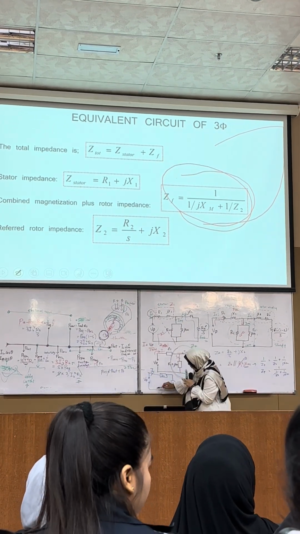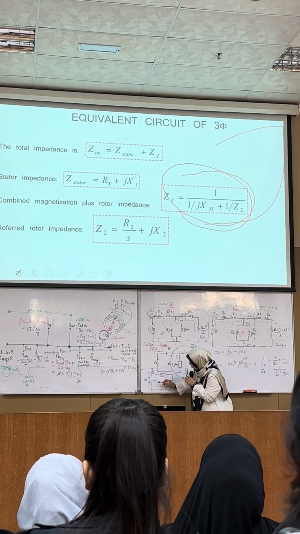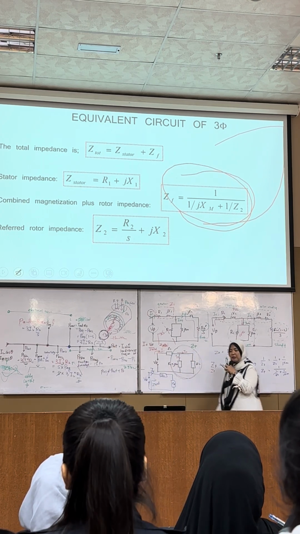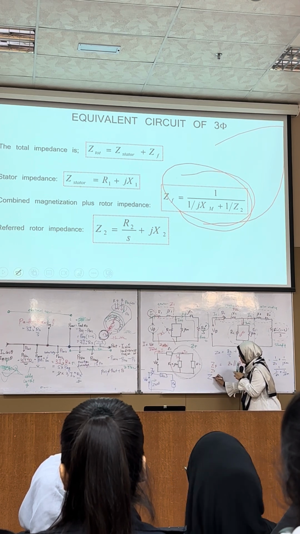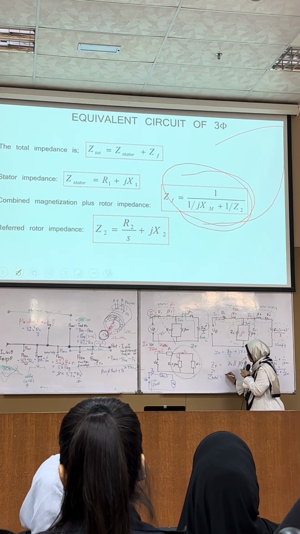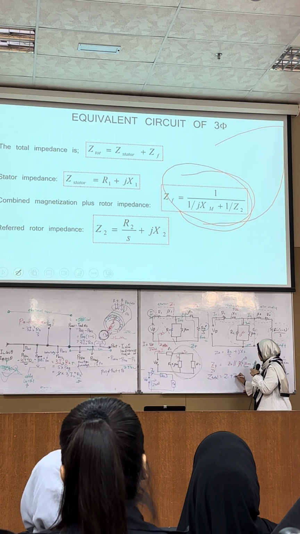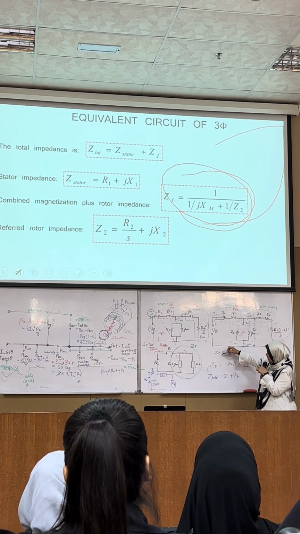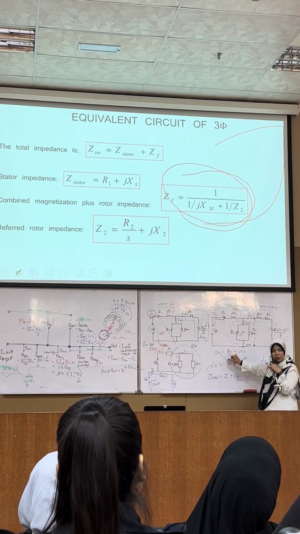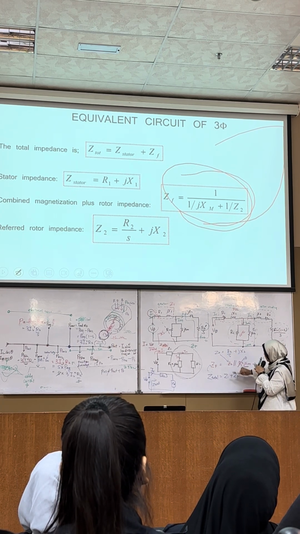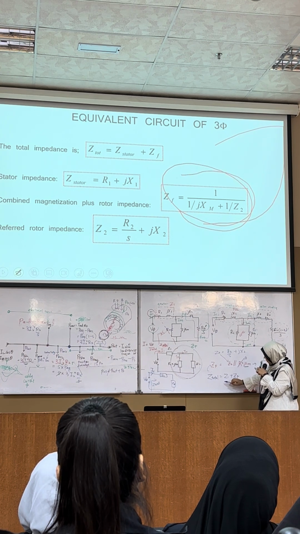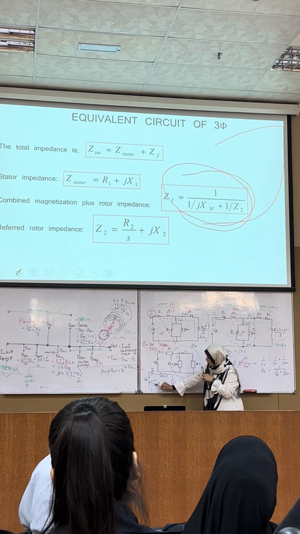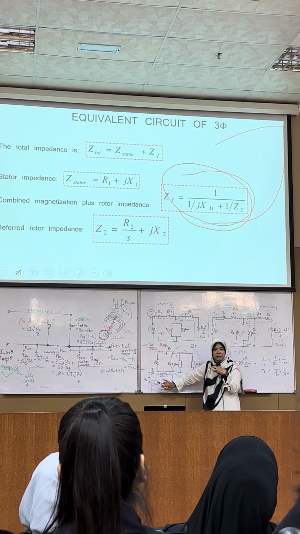From here you can measure your Z total. So that's why your Z total equals Z1 plus ZF. So this is your ZF. Inside the ZF is already counted the Z2, your rotor impedance, and the core component, and finally you can calculate the total impedance for the circuit.